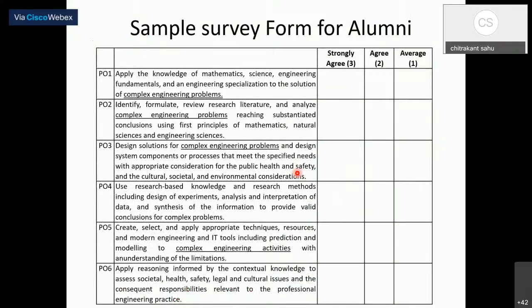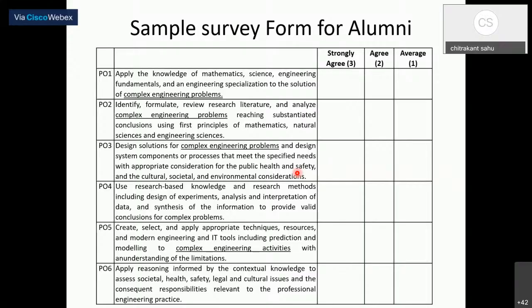So this is the example of an indirect survey. In the indirect survey, you can frame questions in terms of each PO, and whether they say it is strongly agree or average, you can give levels for all the POs.